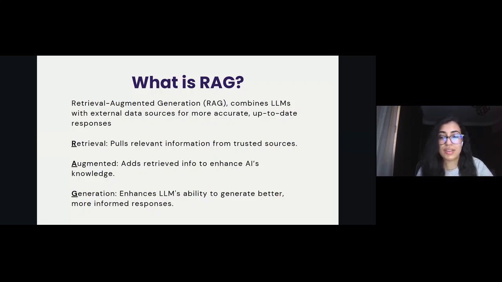The model then uses the enhanced information to generate a response that's not only more accurate, but also better informed. So now, instead of looking at the old data, we have retrieved the relevant data, we have added it to the AI's knowledge, and now it's going to generate the answer based on the new data it retrieved.